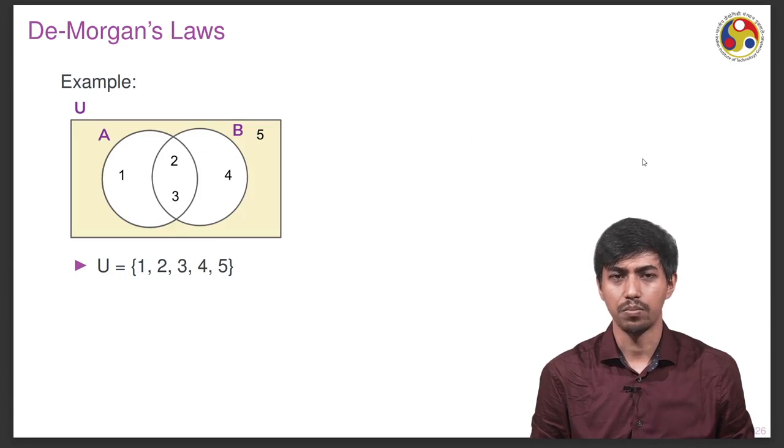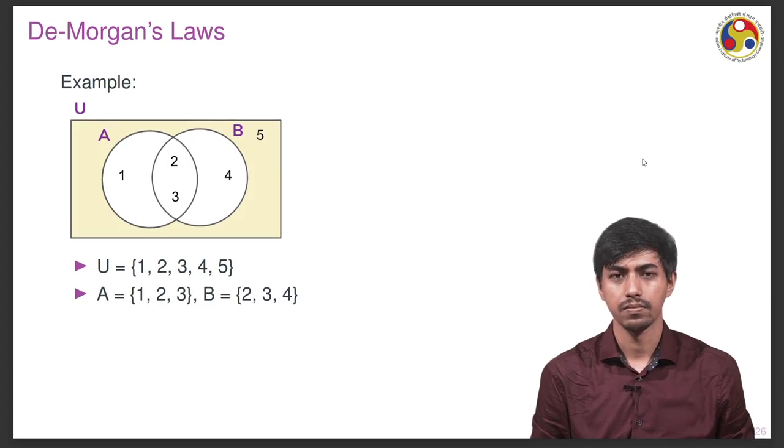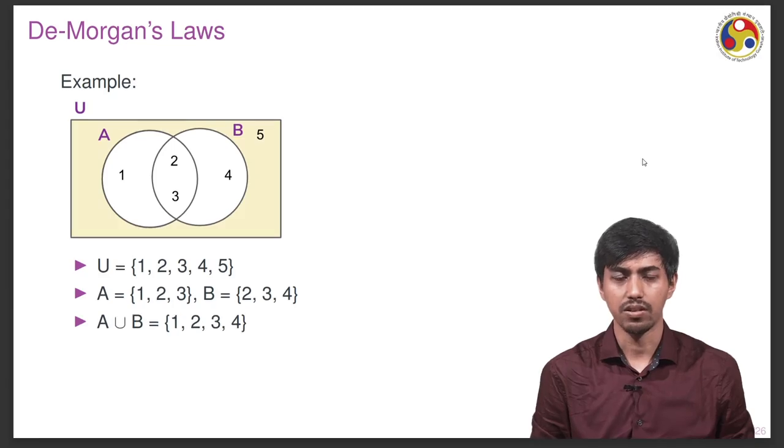So now let's look at an example. Here you can see that U is the universal set and it has the elements 1, 2, 3, 4 and 5. Now let's consider two sets: A, which has elements 1, 2, 3, and set B, which has elements 2, 3, 4. From the Venn diagram, we can clearly see that set A and set B are subsets of the universal set. Now let's consider what A union B will be.